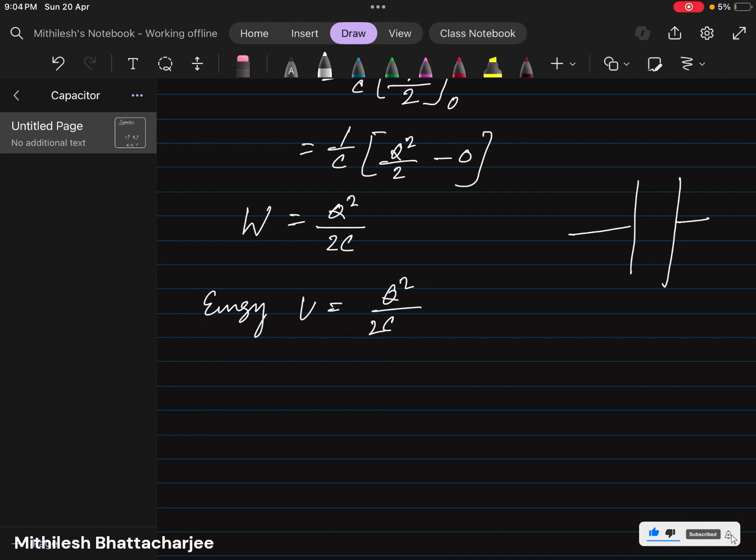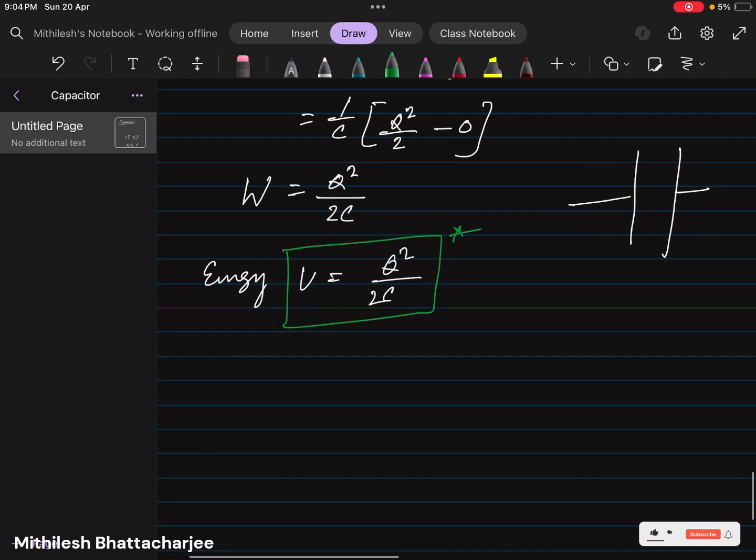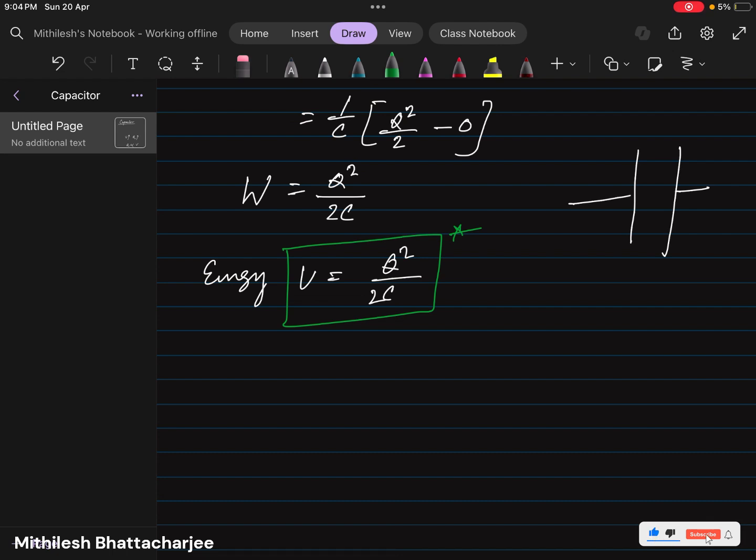Now this is one equation of energy. Now see, U is Q square by 2C. And Q is equal to C into V. So we can write C square V square by 2C.